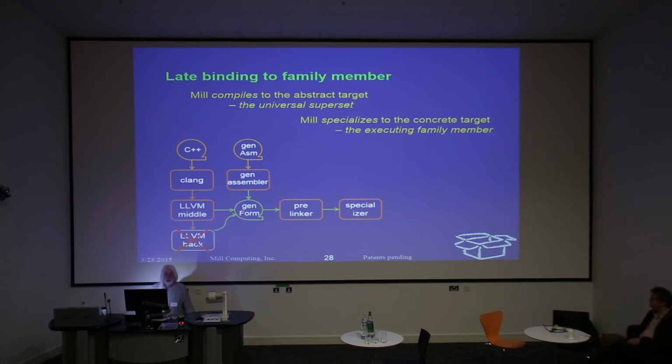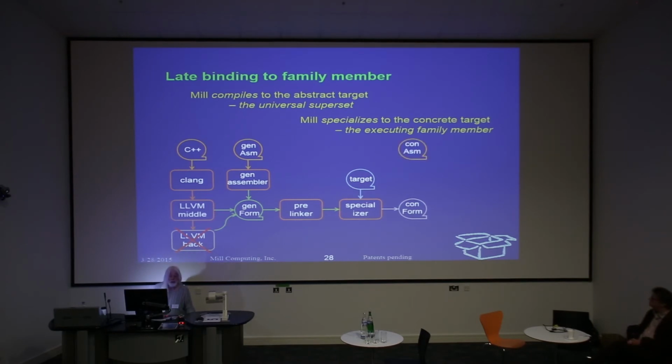You can think of it as a freestanding backend, taking in gen form and our target specification, the same thing that tells everybody else what the target is, and the specializer produces conform, which is our bitcode and is actually what the loader will load into memory.